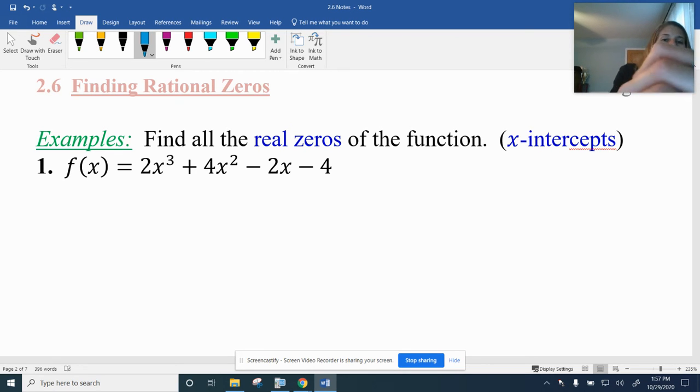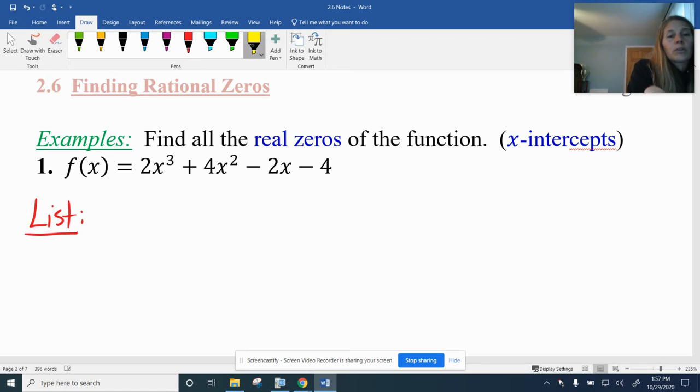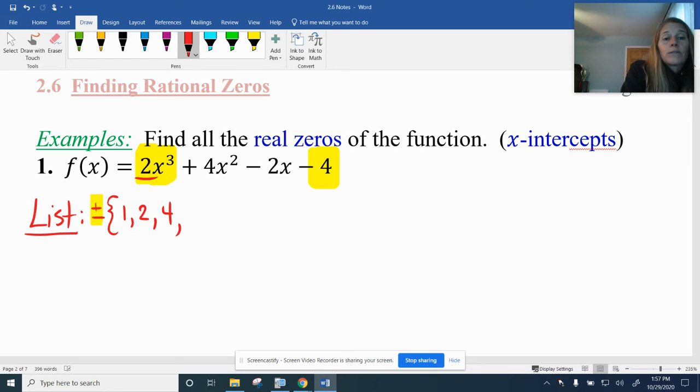What we're going to do now is use our calculators to help us out. We're still going to work on that list for some extra practice, because a lot of these numbers now have an extra coefficient in the front, so it's good to practice making the list with those numbers. First I have my factors of 4, which I'm just going to list first: positive or negative 1, 2, and 4. Now the factors of 2 are just 1 and 2.